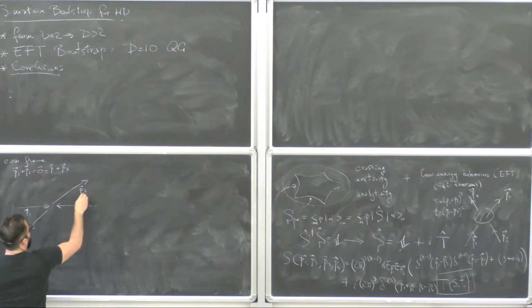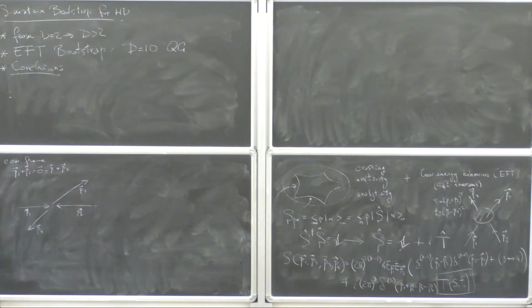The two particles now have momenta that are collinear, so this will be P1, this will be P2, and then P3, P4. And then here you see that in 2 dimensions there is no angle theta, because the particles are constrained to move on a line. But in higher dimensions, we also have this variable. So instead of having one single variable, as I wrote in the special relations in the S-plane, now we have 2 variables: the center of mass energy and the angle theta.